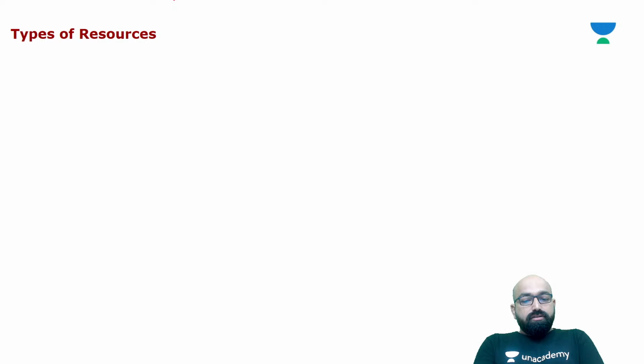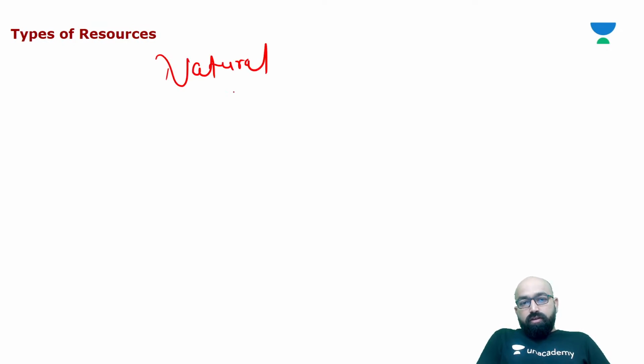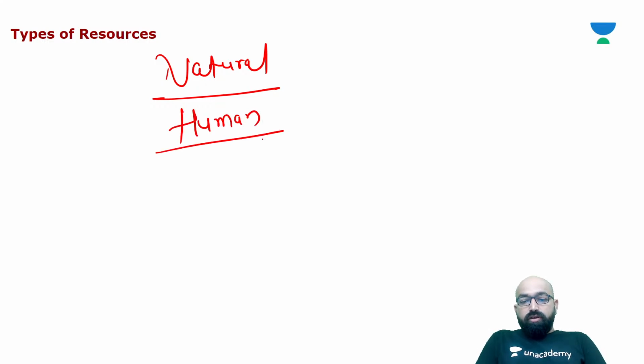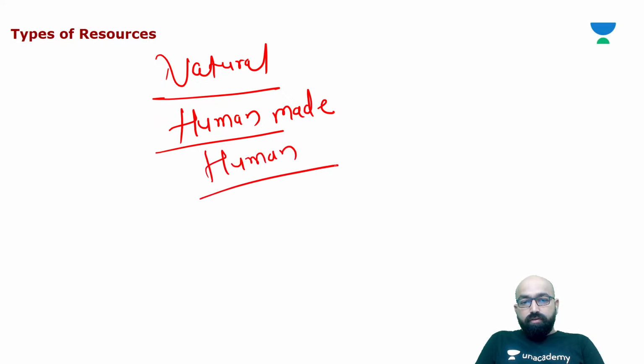Resources are generally classified into natural, human made, and human resources. So, first of all, we'll discuss natural resources.